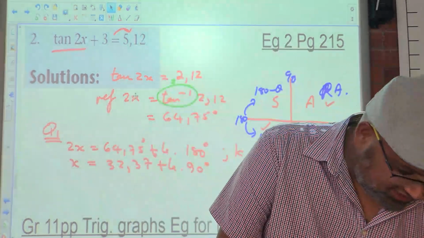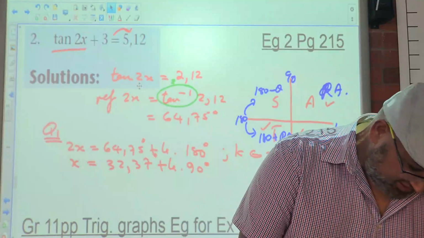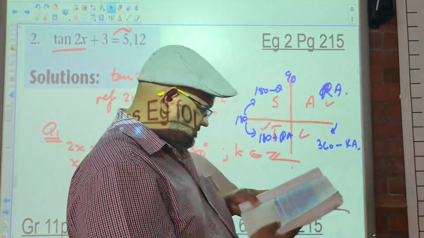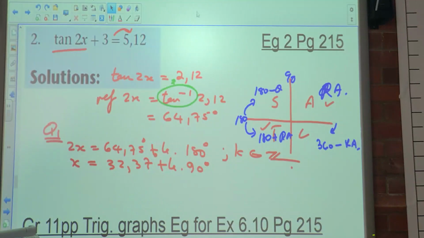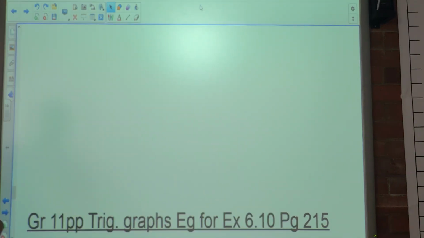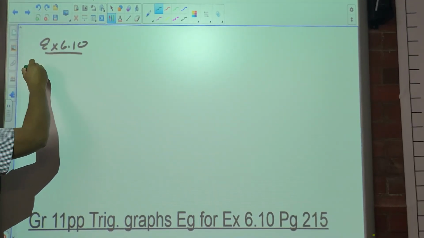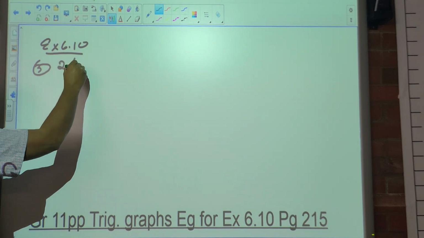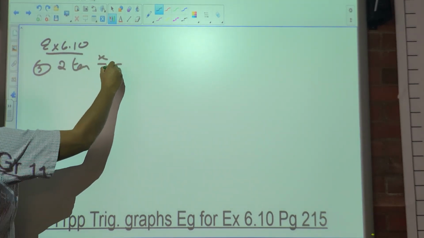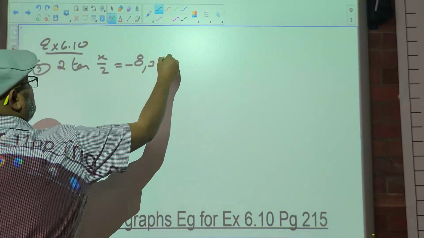Were there any problems with exercise 6.10? Number 3. For those of you who completed 6.10, they had a problem with number 3. So we've got 2 tan of x over 2 is equal to negative 8.345.